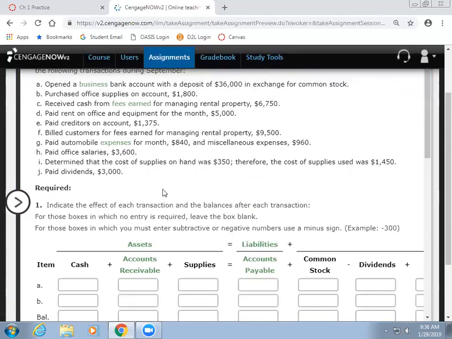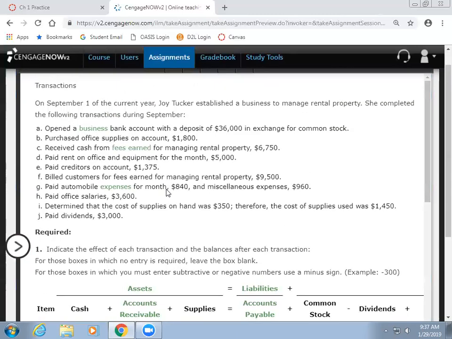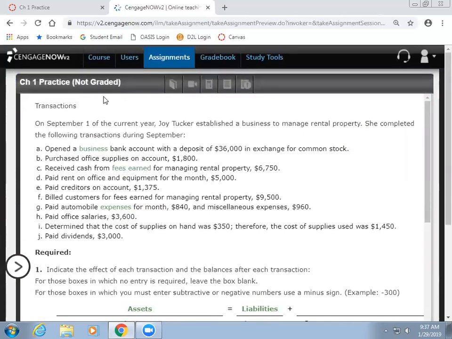Okay, this one's kind of long. This is kind of the meat of chapter 1. Here, it says on September 1st of the current year, Joy Tucker established a business to manage rental property. She completed the following transactions during September. What we're going to do is show how those transactions are affecting our accounting equation, so we're showing the increases and decreases to the different accounts.